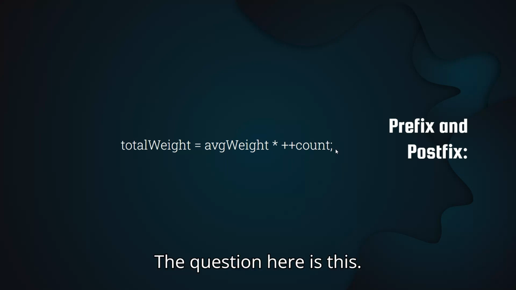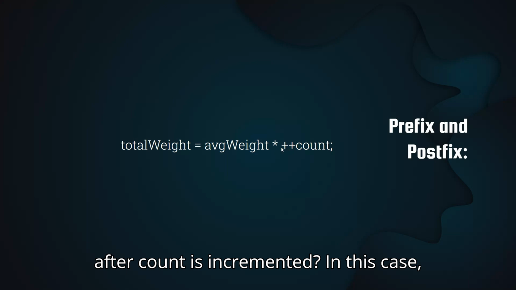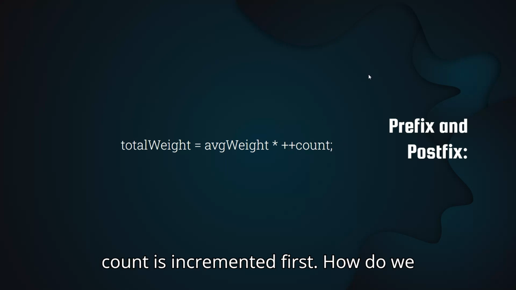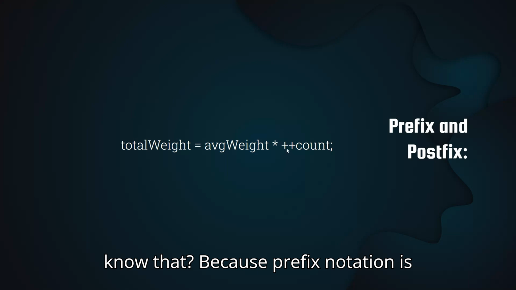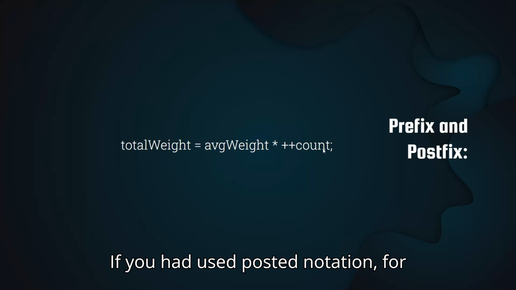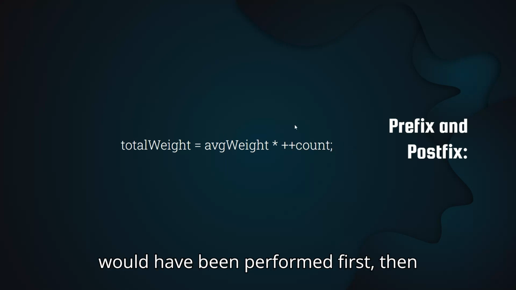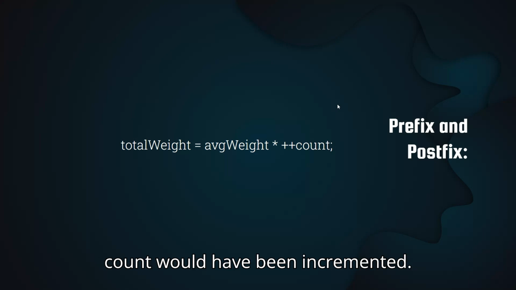The question here is this: is the multiplication performed before or after count is incremented? In this case, count is incremented first. How do we know that? Because prefix notation is used, ++count. If we had used postfix notation, for example count++, the multiplication would have been performed first, then count would have been incremented.